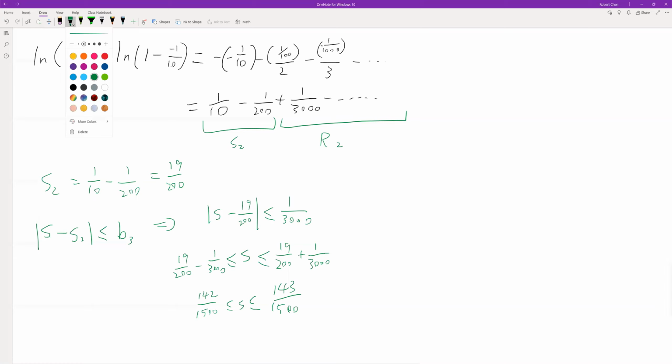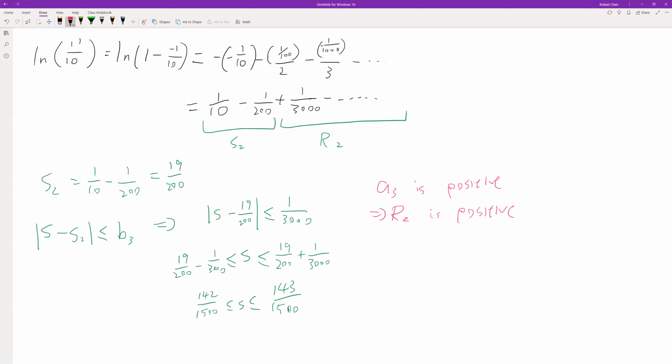All right, now we want to see whether this is an overestimate or underestimate. So, not R2, the first omitted term, A3, is positive. That means R2 is positive, R2 greater than 0, meaning S minus S2 is also positive.